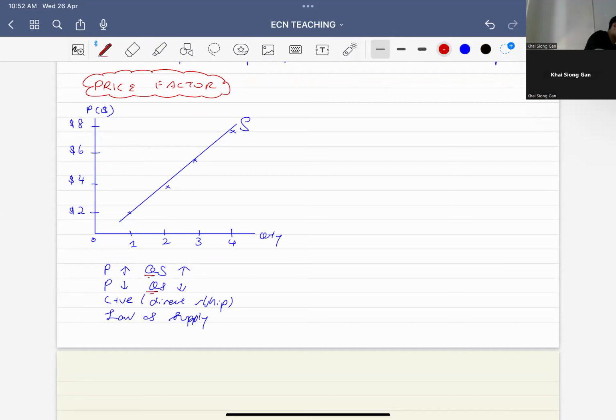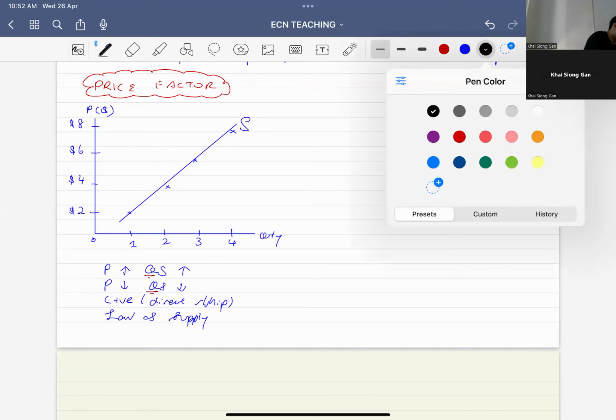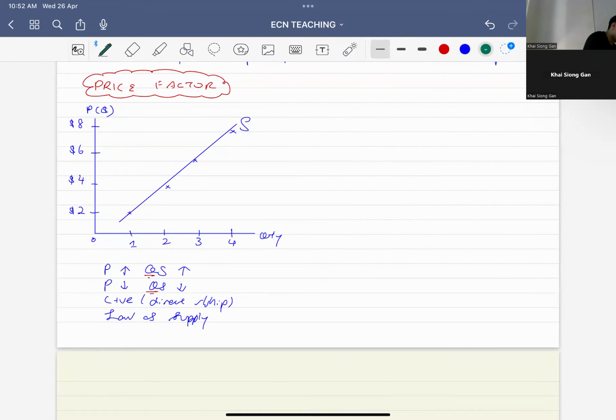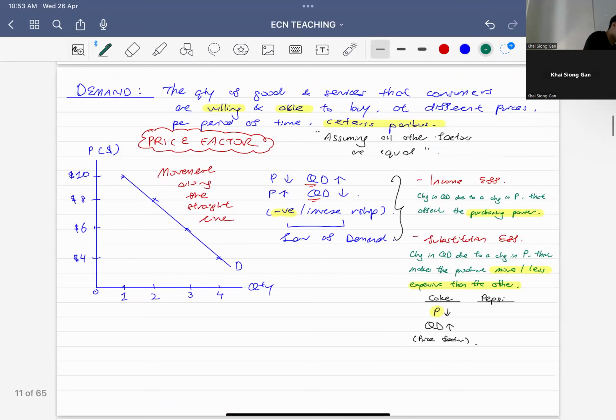Okay, one more thing I forgot to mention just now. When I say quantity supplied increases, it's called extension in quantity supplied. When quantity supplied falls, it means contraction in quantity supplied. Same with demand: when quantity demanded increases, it means extension in quantity demanded.